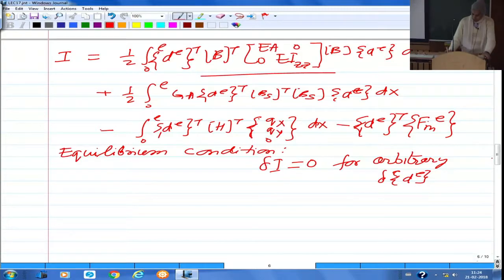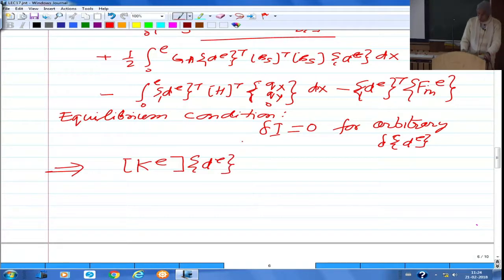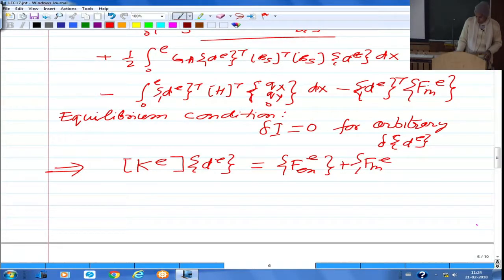So it's exactly the same fashion. So if you do this, finally you are going to get, in a similar way, the element level Gaussian equation we have been writing so far. So KEDE, please do the intermediate steps yourself and see how you get to this, although it is actually the same exercise we did earlier, and this plus F internal. So this is what you will get.